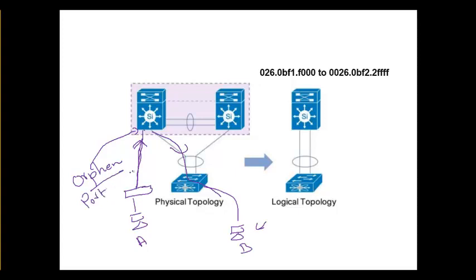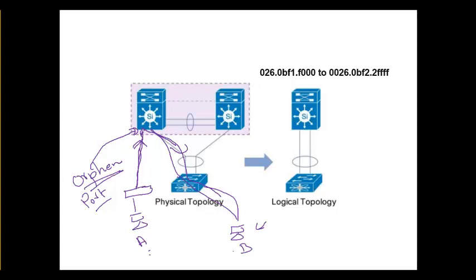If traffic from a vPC member port goes to a non-vPC member port, that non-vPC member port is what is called an orphan port. Either this way or that way, A sending to B or B sending to A, the packet is going to go from an orphan port to a member port and vice versa. So we are understanding what orphan port means here.